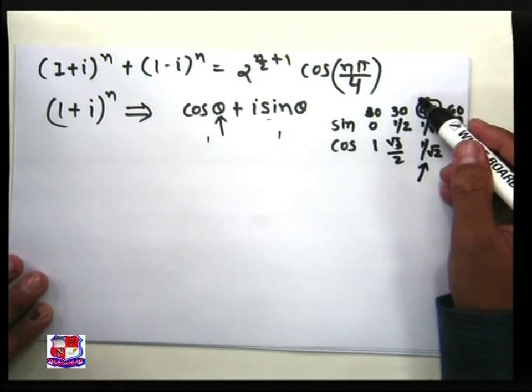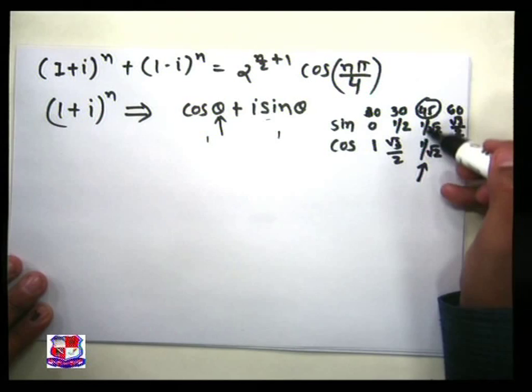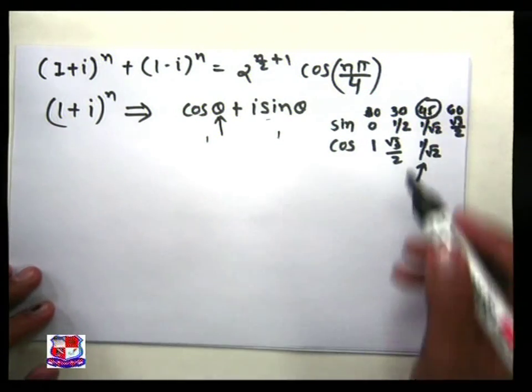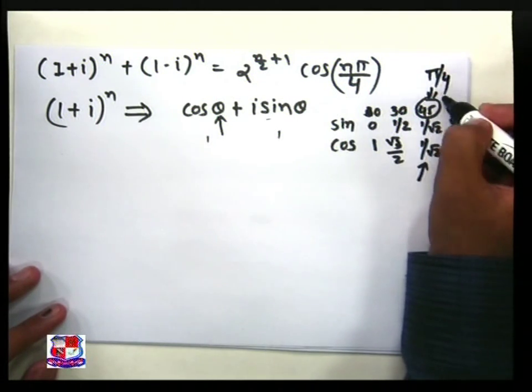At 45 degrees, cos theta and sin theta have the same value. This 45 degrees we can also write as π/4.